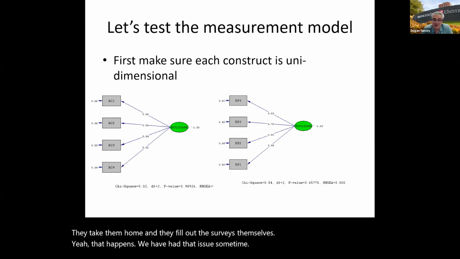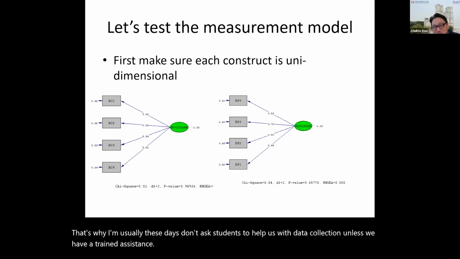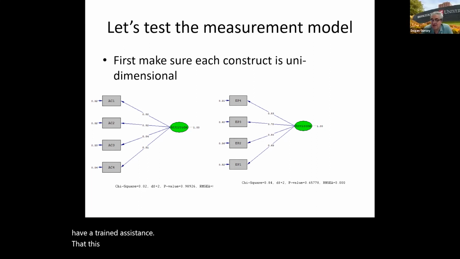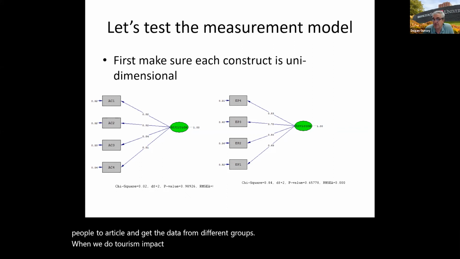That's why these days we usually don't ask students to help with data collection unless we have trained assistants. That was an issue, and it's still an issue, especially if you are sending people out to collect data from different groups. When we do tourism impact studies, that's usually what we used to do. Now we are using companies.